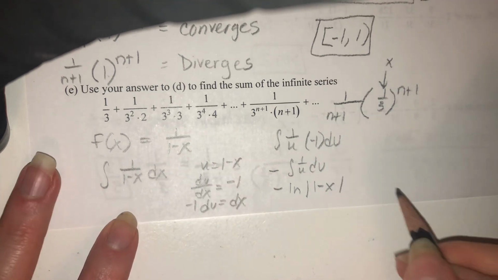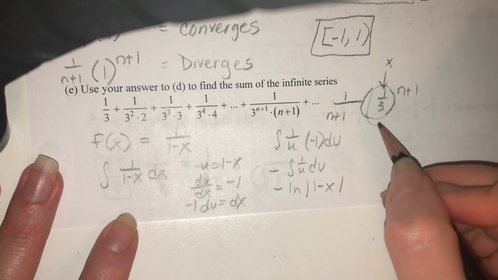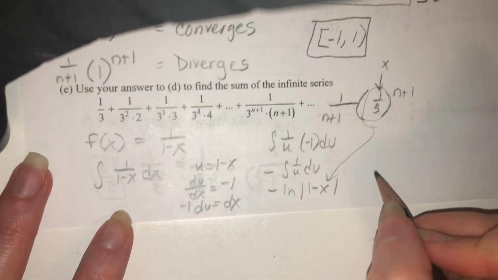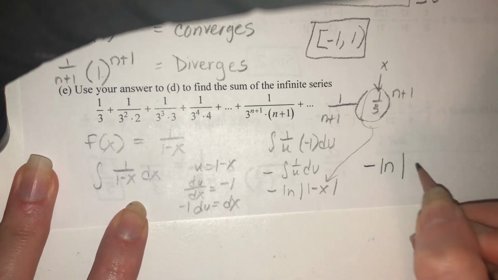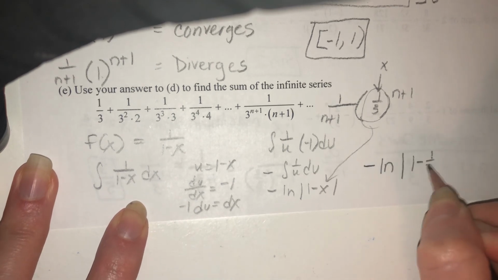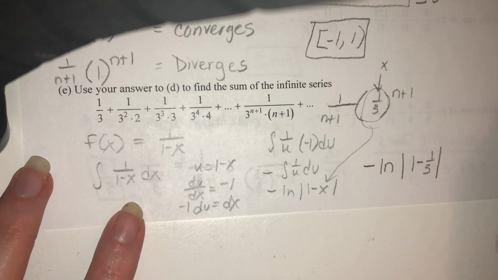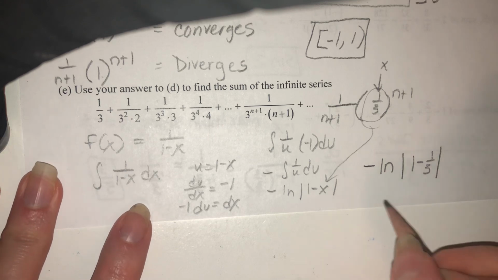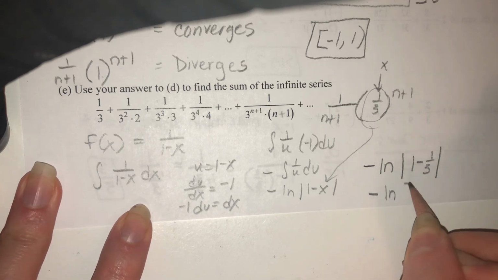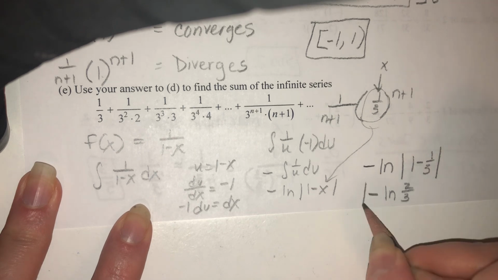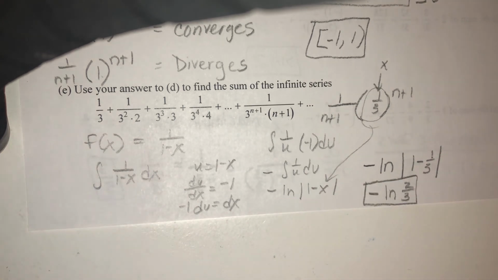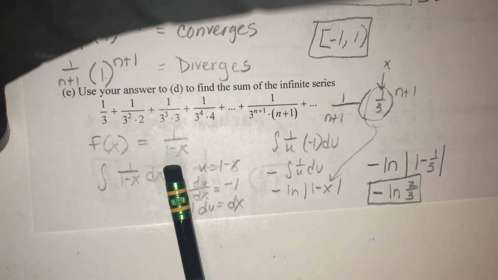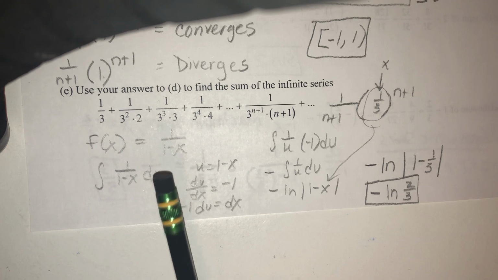And then I just need to fill in 1/3 in place of the x. So this is going to be negative natural log of the absolute value of 1 minus 1/3. And we know 1 minus 1/3 is 2/3, so negative natural log of 2/3. That's the sum of this infinite series, which is an integral of the memorized series 1 over 1 minus x.